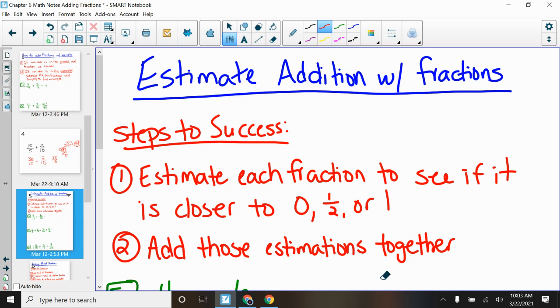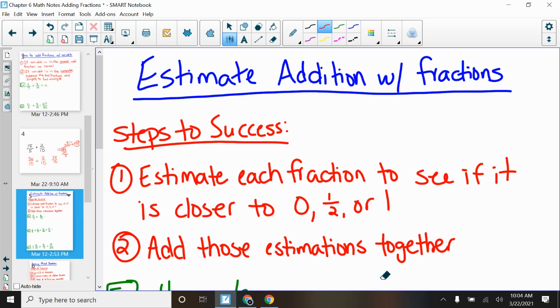Okay? So the steps for success in order to be able to do this. Step number 1 simply says to estimate each fraction and see if the fraction is closer to a 0, a half, or 1. Right now, by a show of hands, if you looked at a fraction and you had to estimate if that fraction was closer to a 0, a half, or 1, who thinks they could do that?